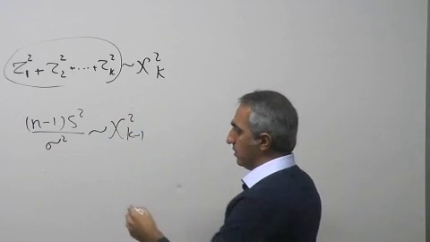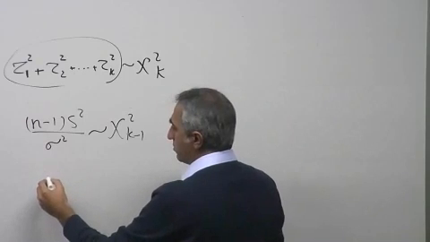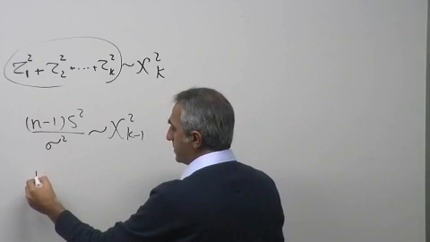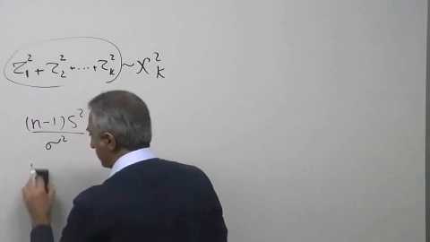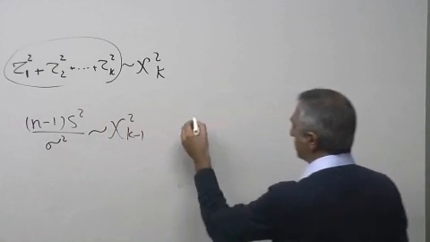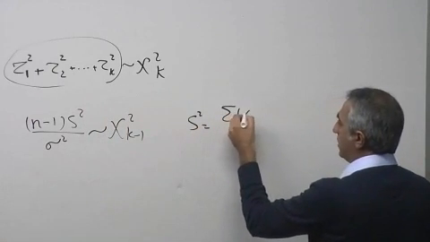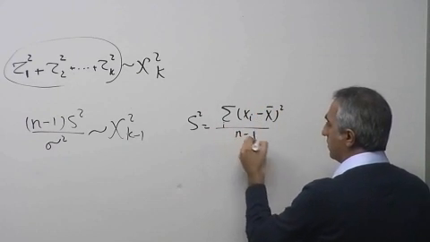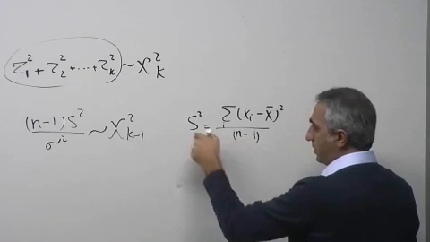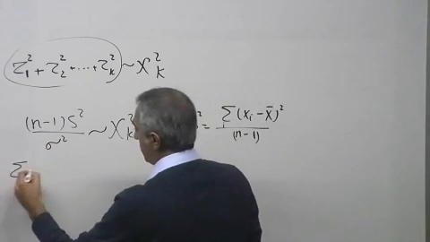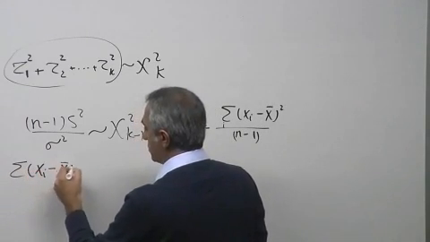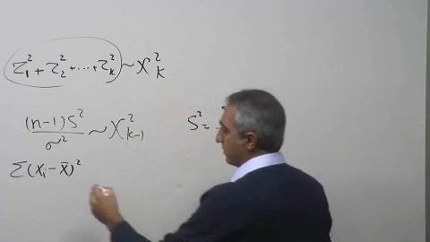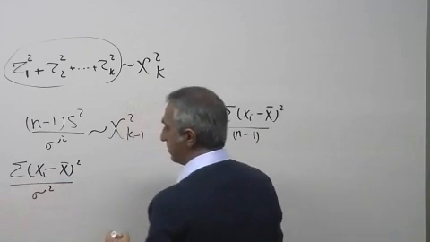Okay? N minus 1 s squared is basically, because s squared is this guy. So n minus 1 s squared is summation of xi minus x bar squared divided by sigma squared.